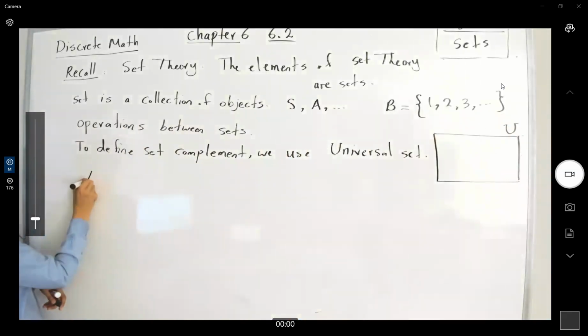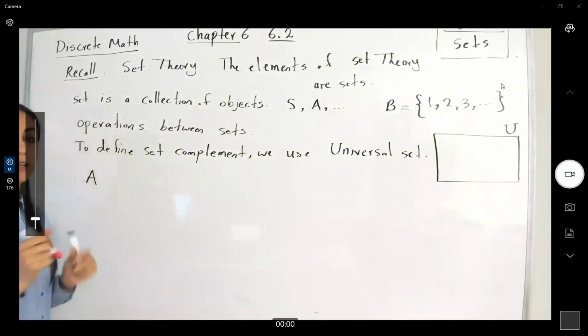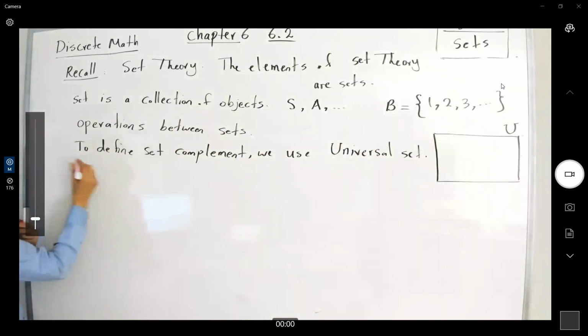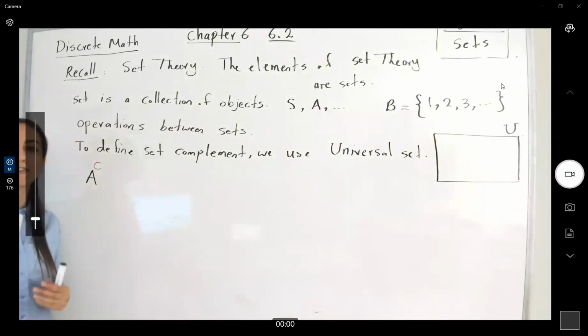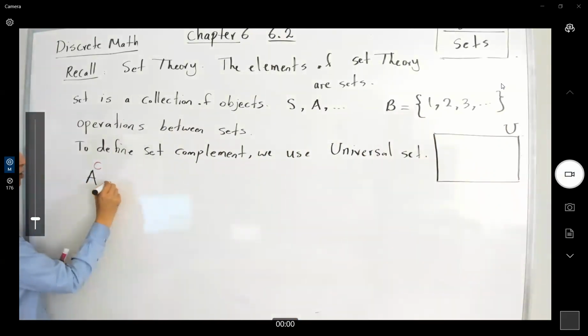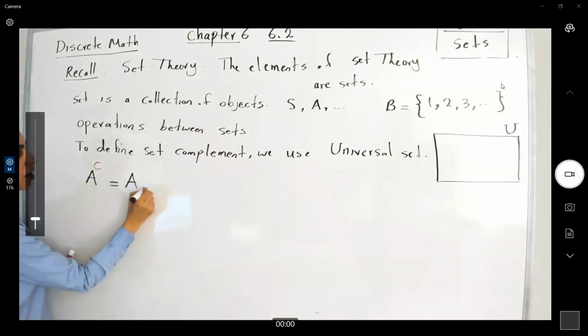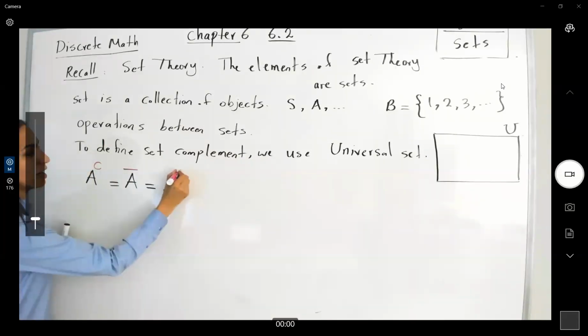The complement of a set like A is denoted by a little c on top of it, A complement. Note that if you open different discrete math books, you might see prime or bar. The meaning of those is the same as the complement of a set.